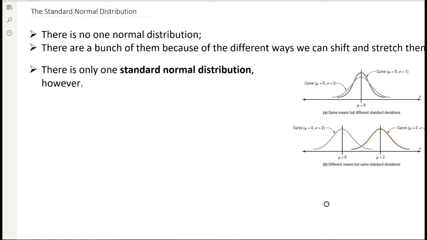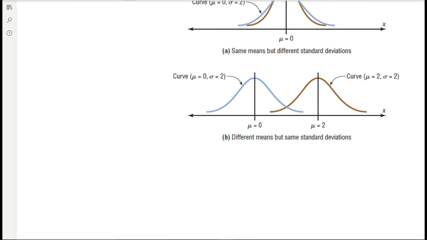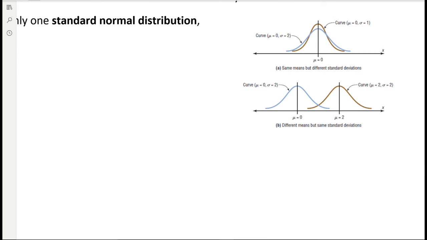So it's important to know that there is not actually one normal distribution, because remember earlier that we mentioned that there are a few different normal distributions, right? Depending on the position or shifting of the curve, you can have a normal distribution with a mu of 0, or a normal distribution with a mu of 2, or with a different standard deviation.